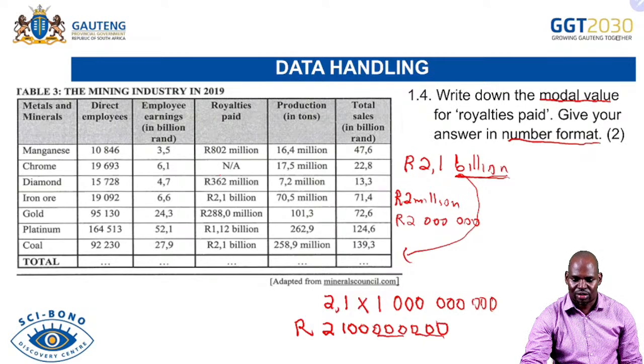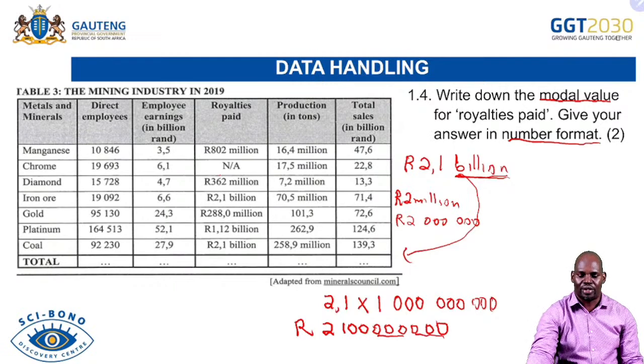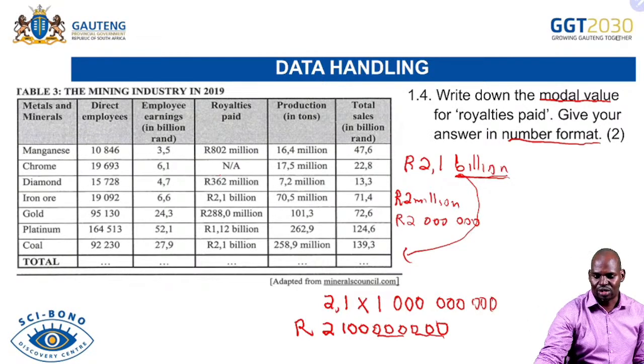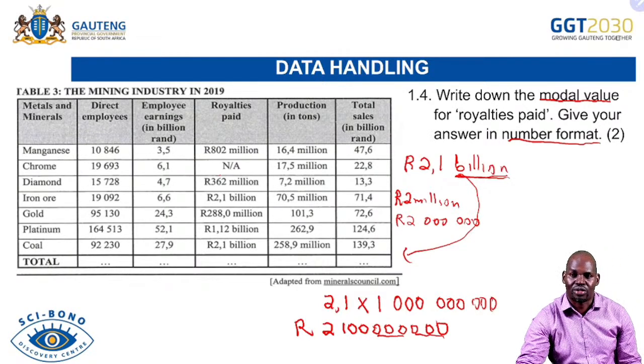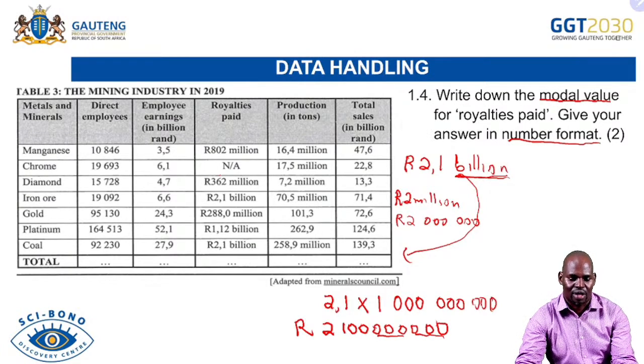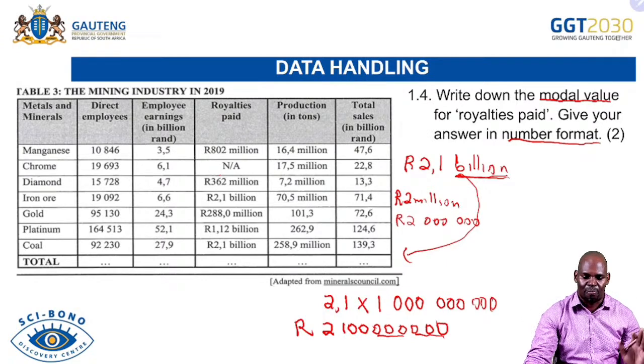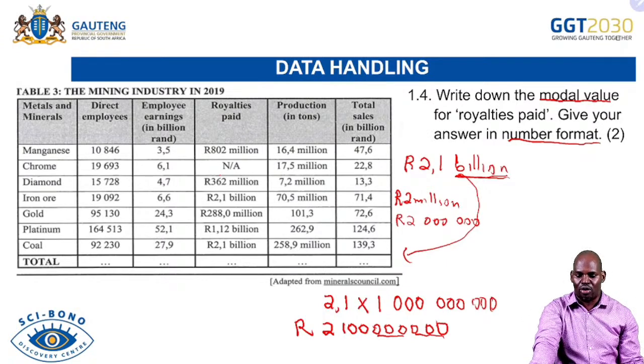Then the next question, boys and girls, is we're now going to look at how we answer questions based on box and whisker plot or box and whisker diagram. This one was taken from KZN Prelim 2021, paper 1, question 5. We have already discussed the picture of the box and whisker plot.